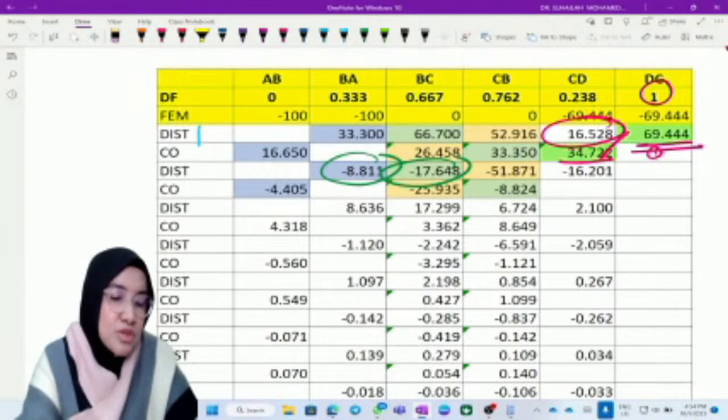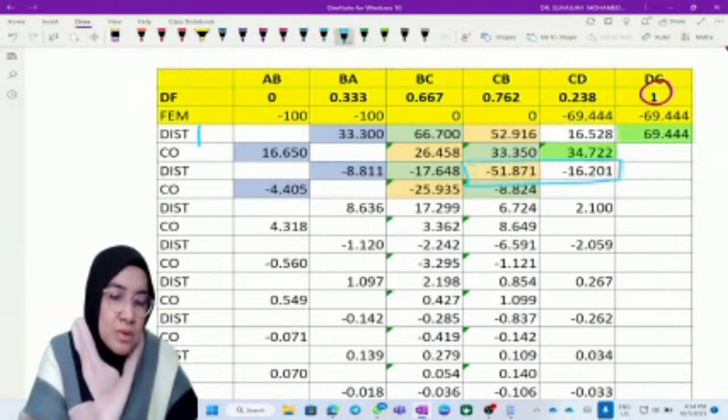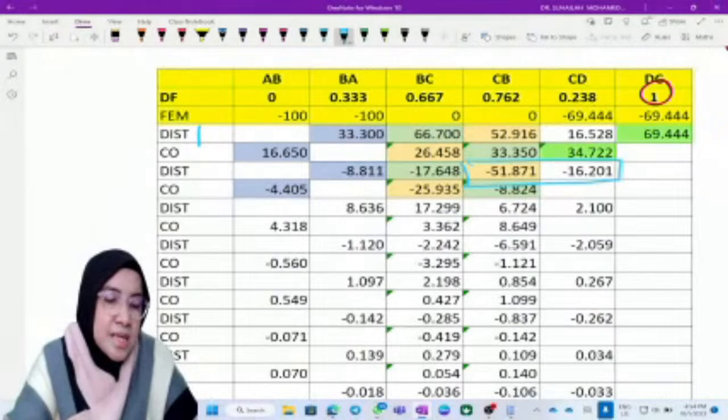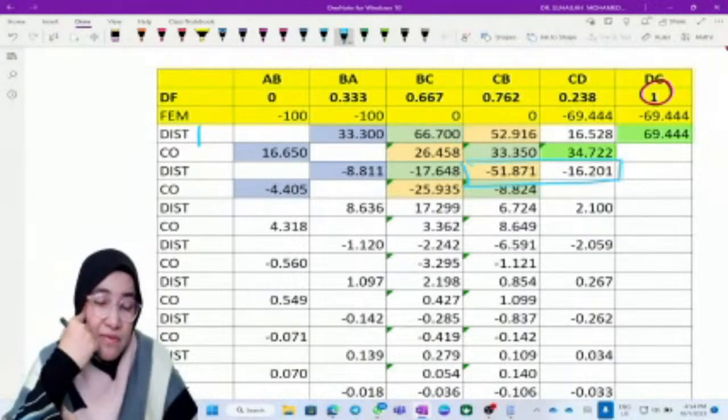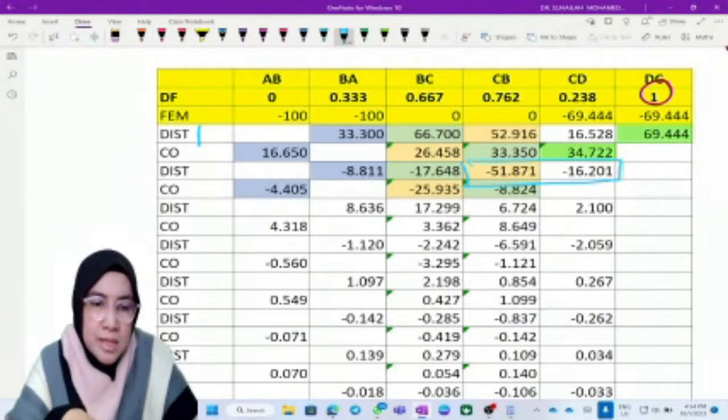For joint C, we have the joint moment. We get negative 57. We total this. Okay, it is negative 51.781 and negative 16.201. We total this and change sign, the opposite condition.